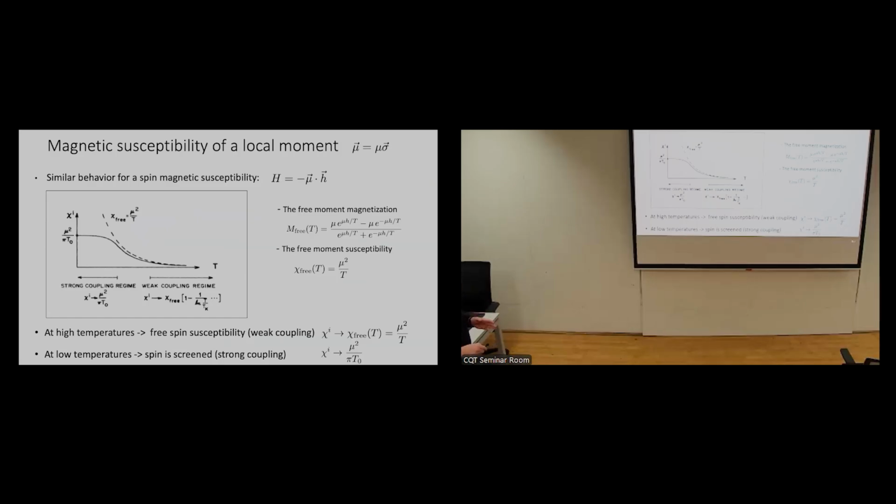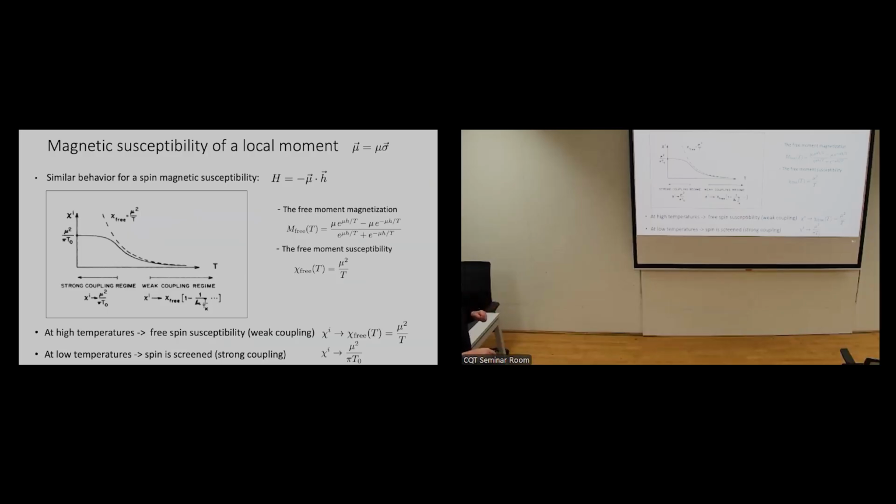If I have no interaction, then the calculation of the susceptibility is trivial. I can calculate the magnetization: mu up times the probability to be up minus mu down times the probability to be down. This is the magnetization at finite temperature of a free magnetic moment. And that is mu times tanh, the hyperbolic tangent function.